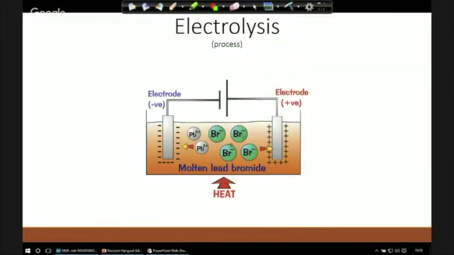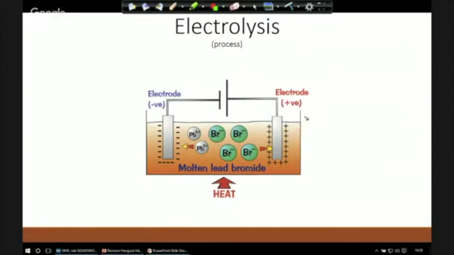So let's start at the very first. Here we've got ourselves some lead bromide. Now, the principles for electrolysis are the same. What we're finding is that we have electrons that are in our ionic substance, and the electricity is allowing the electrons to move.